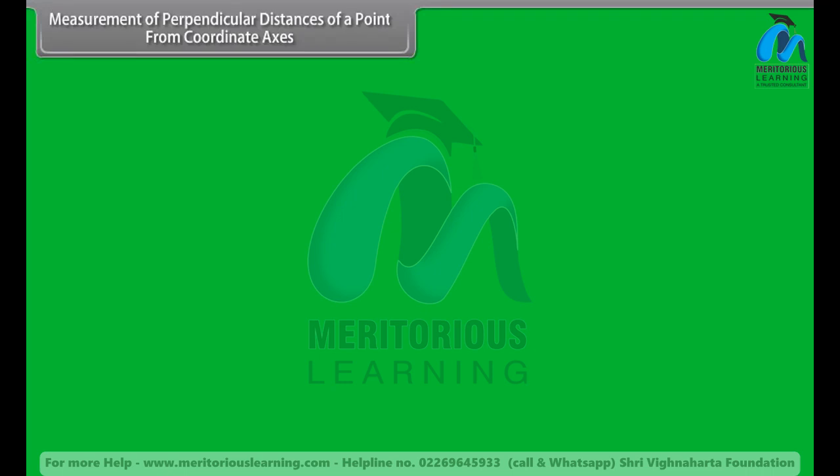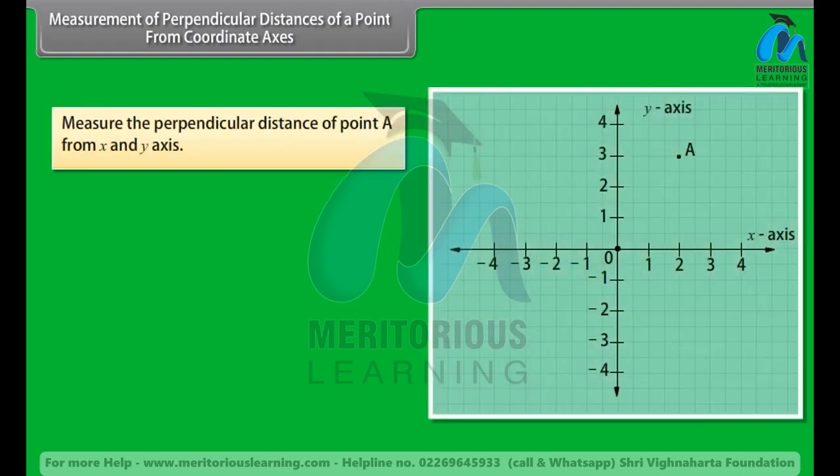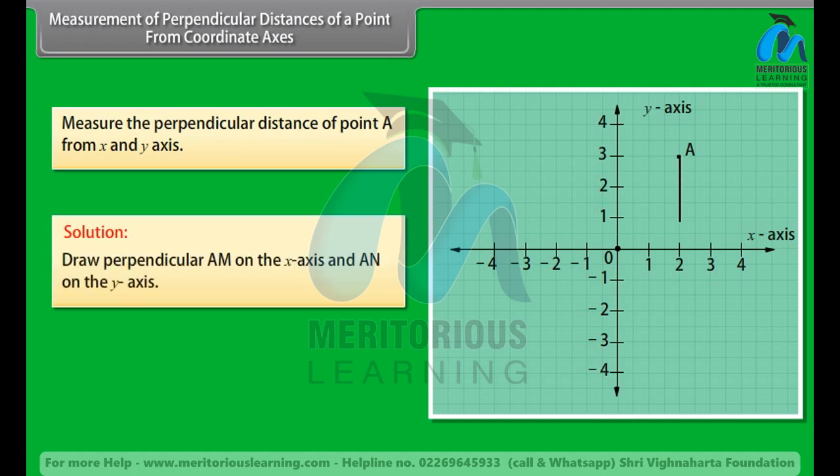Measurement of perpendicular distances of a point from coordinate axes. Let us now learn how to measure the perpendicular distance of a point from the coordinate axes. Measure the perpendicular distance of a point A from the x and y axis. Solution. Draw perpendicular AM on the x-axis and AN on the y-axis.